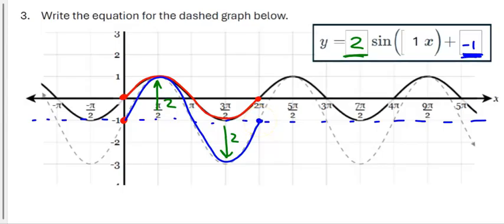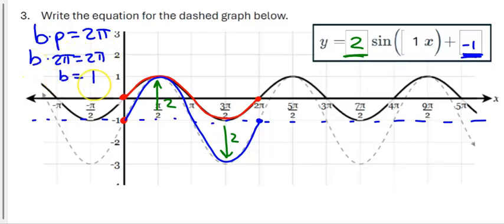They're both 2 pi, which means the B value, again, does not change from a value of 1, for the same reason that I mentioned for the last 2 problems. Since the period is 2 pi, for B it has to be 1, since 1 times 2 pi equals 2 pi.